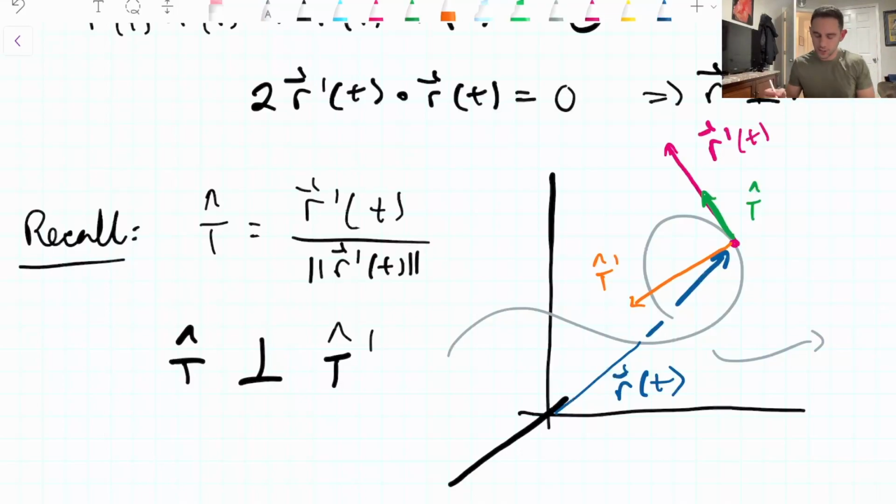The calculus suggests that it must be perpendicular to t hat, and the only sensible place for it to point, if it is the derivative of t hat, is the direction in which t hat is changing, this sort of direction of curvature. So I'm going to indicate there that these two vectors are perpendicular.